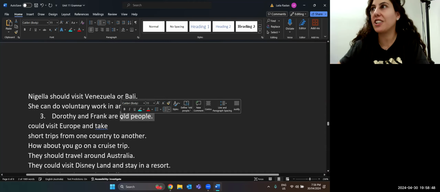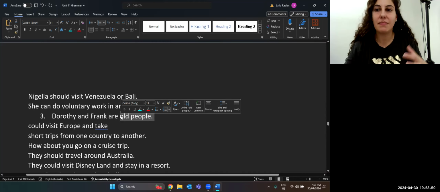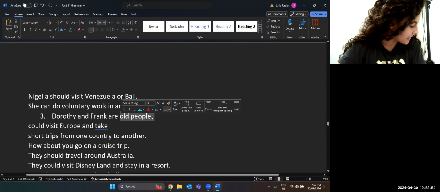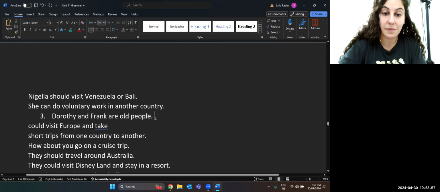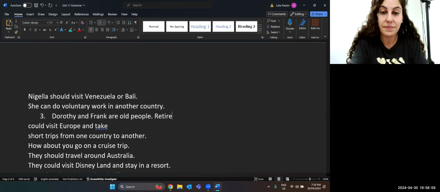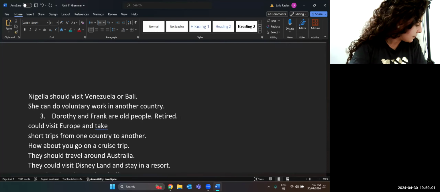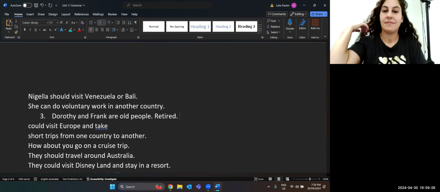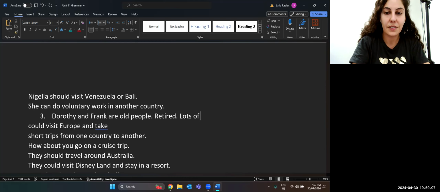So we can't suggest activities for young people. Okay, so they're old. They're in their 60s. They don't have work anymore. So they're retired. And they have lots of free time.